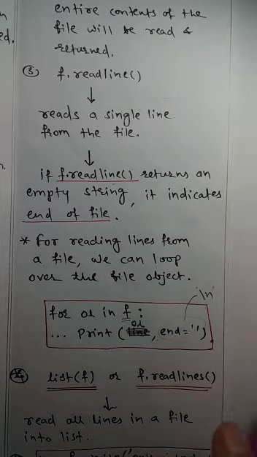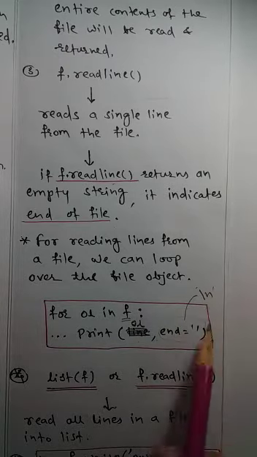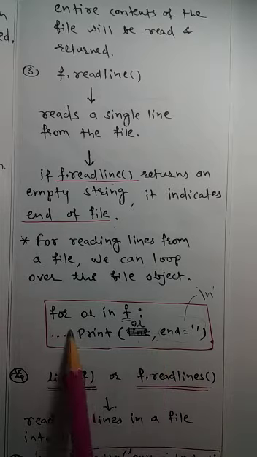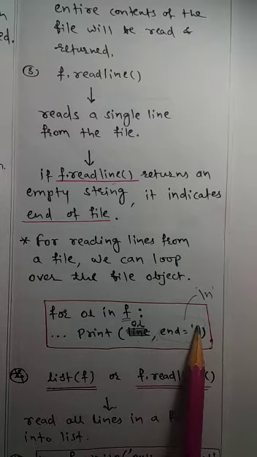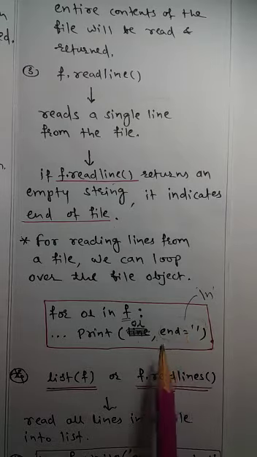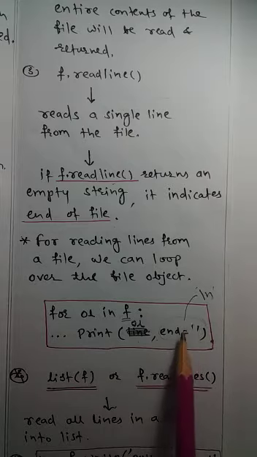And if we have not written this end here, then two new line characters will be there, and after each line there will be an empty line. To avoid that, we are writing end is equal to space. It indicates that after the print statement we are not giving a new line character.